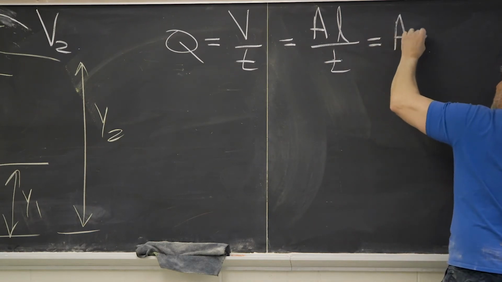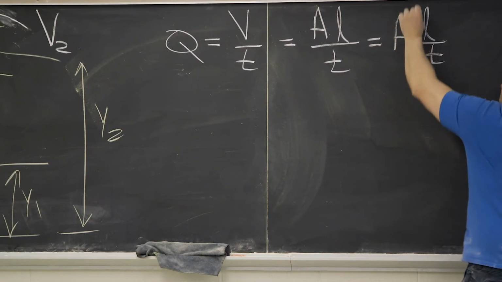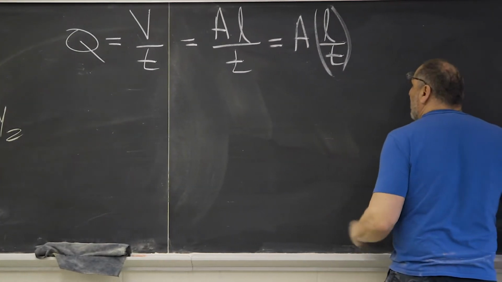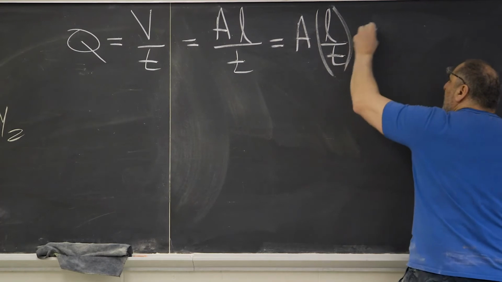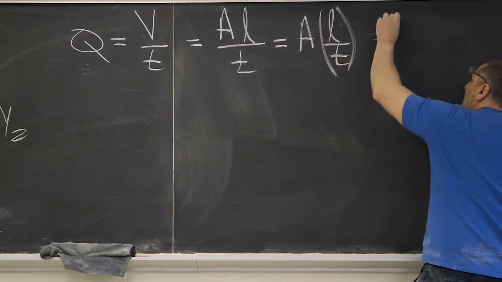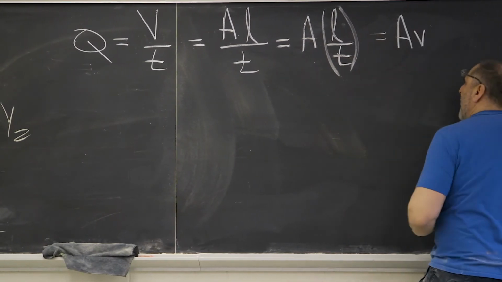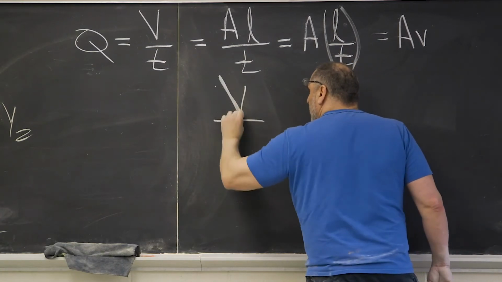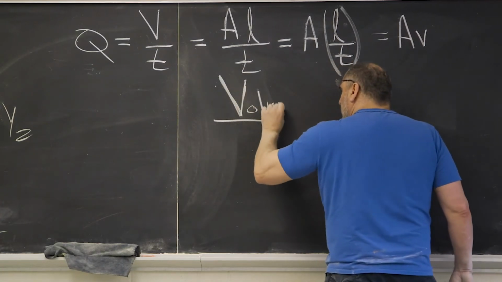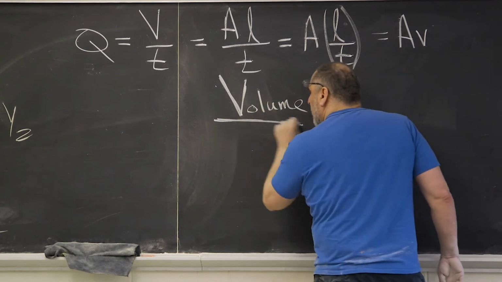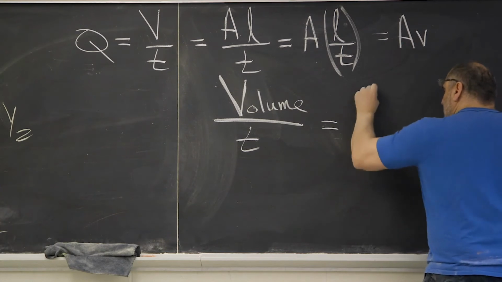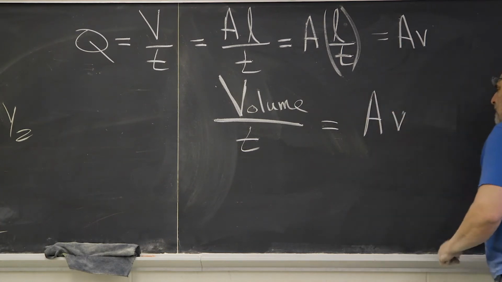If you divide the length by the time, the length of the little column, the length of the parcel divided by time, length divided by time is velocity, or magnitude of velocity. The volume flow rate, you guys, is area times speed.